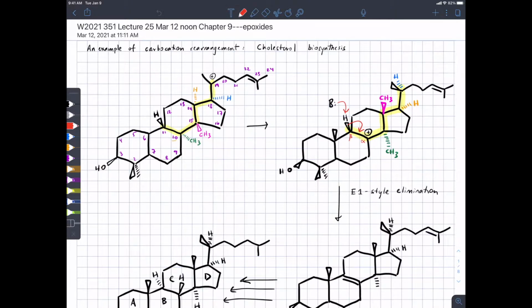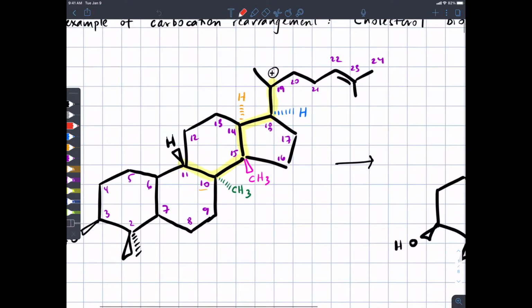This happens during the pathway of cholesterol biosynthesis. We've already talked about some of the initial steps of that synthesis when we were worrying about biological examples of SN1 reactions. But as you can see here, in biology, we're not limited by carbocation rearrangements solely to make more stable carbocations.